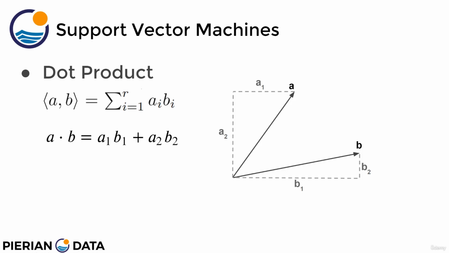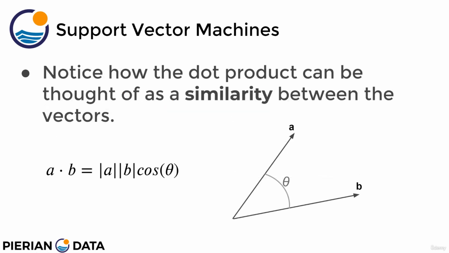Now you may also remember from your math classes that this is not the only definition or mathematical notation for a dot product. The dot product can also be defined as the multiplication of the magnitude of each of the vectors multiplied by the cosine of the angle between them. Now why is this important to also note? Notice that if we start thinking of a dot product in this format, it's essentially a similarity between the vectors.